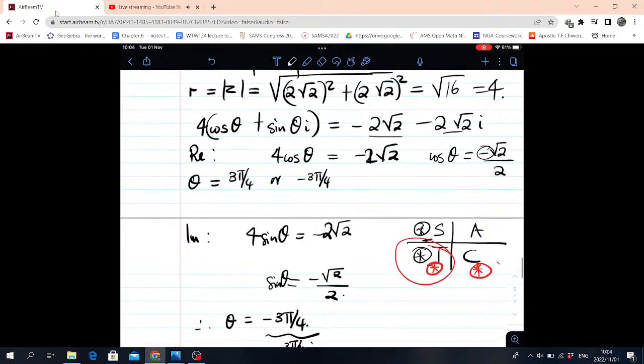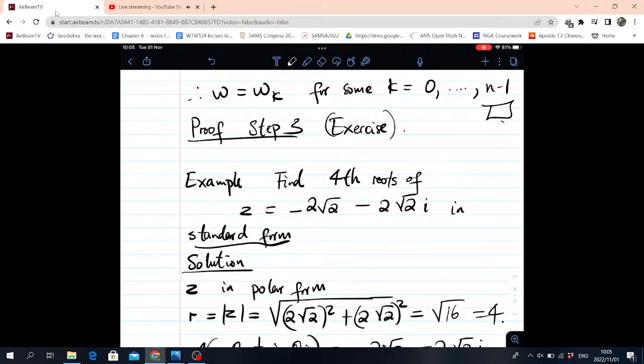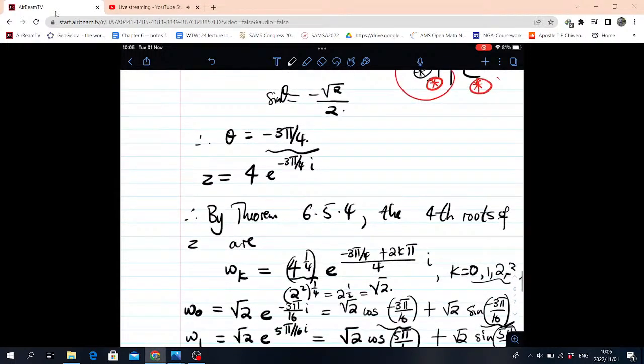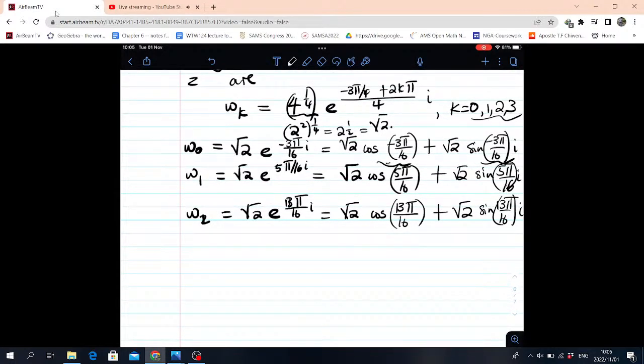So let me just point out that I'm not writing them in standard form, but if you really need them in standard form, you just find out what these values are, and then you plug them in, and you get your standard form. And then the last one is w3, the square root of 2 e to the, so when k is equal to 3, we're now saying 6 pi, so minus 3 pi over 4 plus 6 pi can be rewritten as 24 pi minus 3 pi, which is 21.